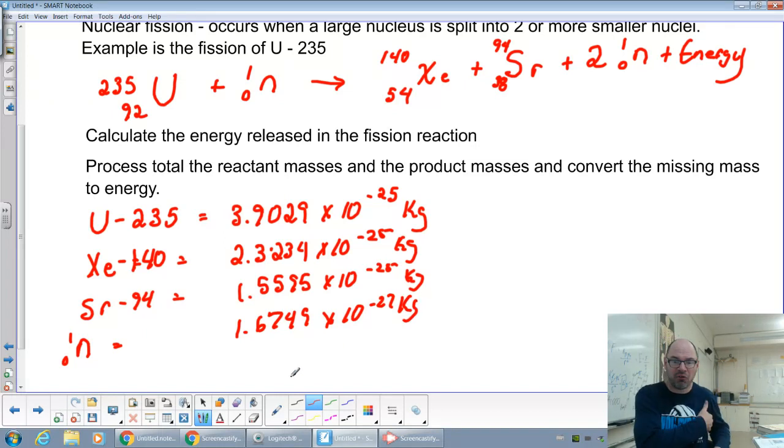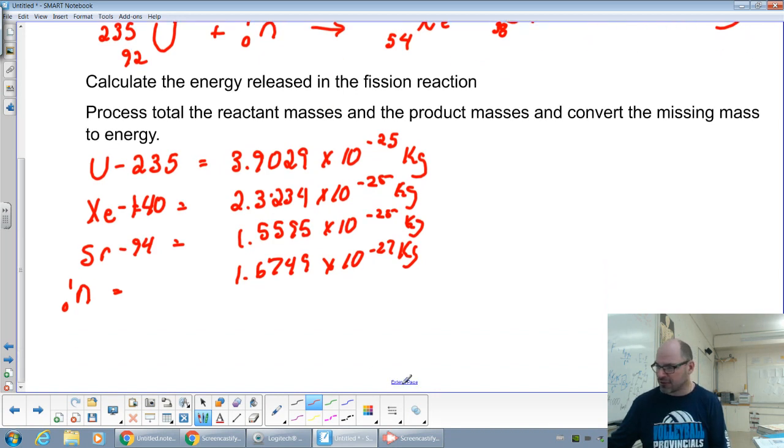Okay, so if we know all those masses, what we've got to do is find the reactant mass. Okay, this is balanced. We've got one neutron here, two neutrons there. So we're going to add the uranium and the one neutron together. We're going to do the reactant mass first.